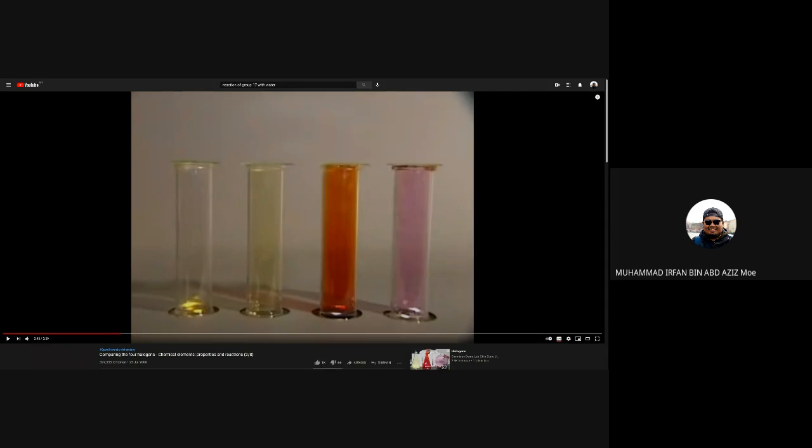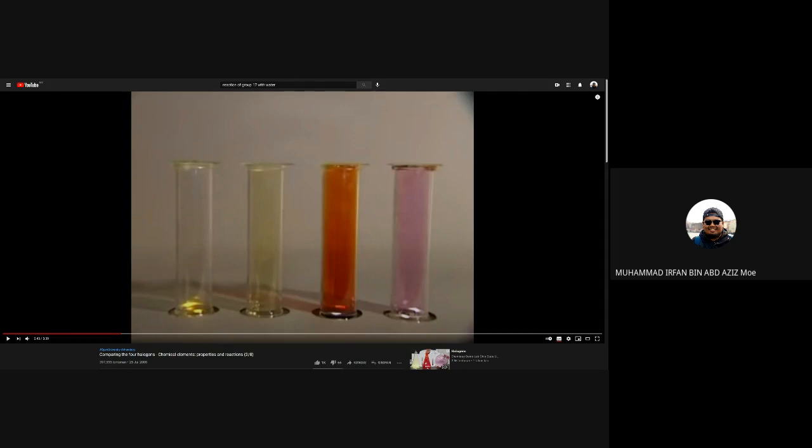But for group 17, it can only exist as Cl2, Br2, diatomic, because they are not stable by themselves. So they must have another friend, okay, one more with the same element, and then they will share the electron.